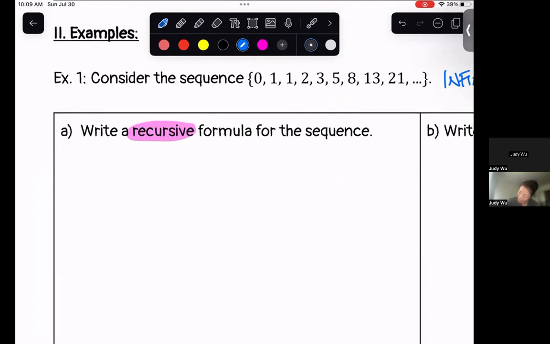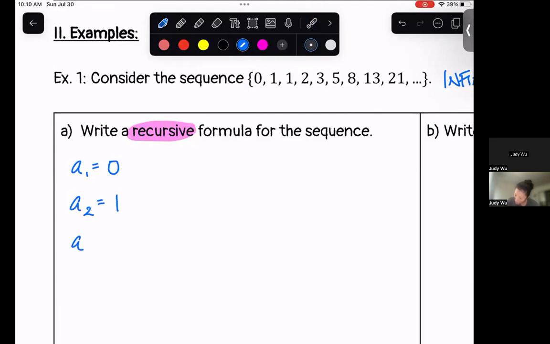So I usually like to start by listing out the terms. I know that A sub 1 is the number in the first spot, so that is 0. That means 1 here is A sub 2. It's the second number in the sequence.